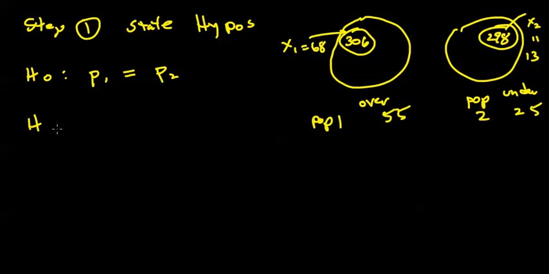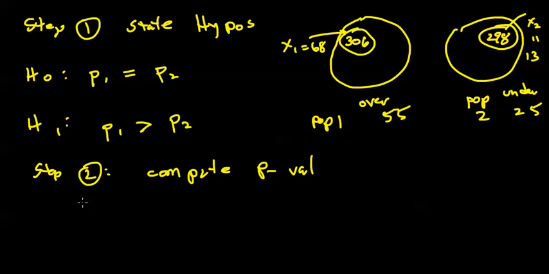Now we want to test the claim that the proportion of people in the over 55 group is greater than, right? P1 greater than P2. So there are our hypotheses stated. Step 2, compute the p-value.